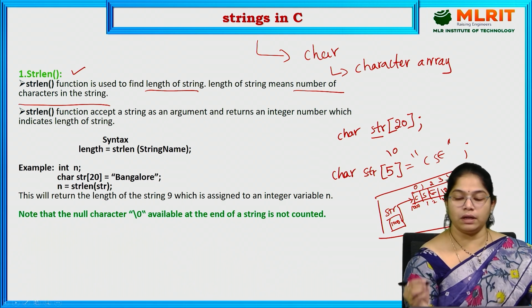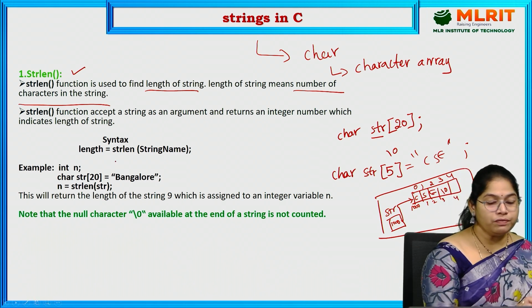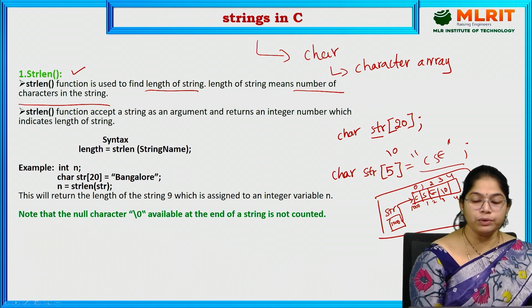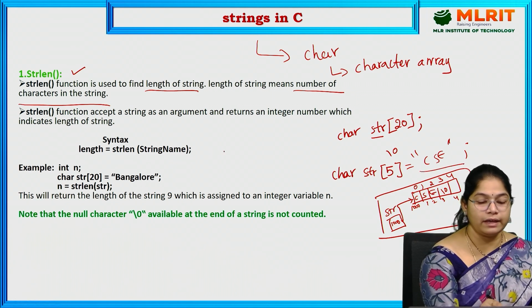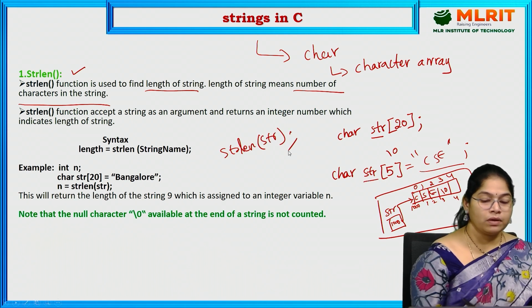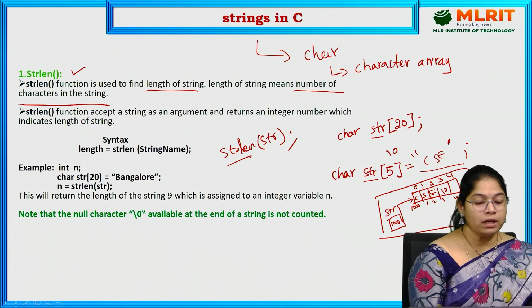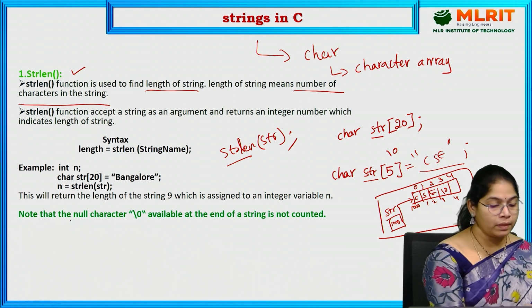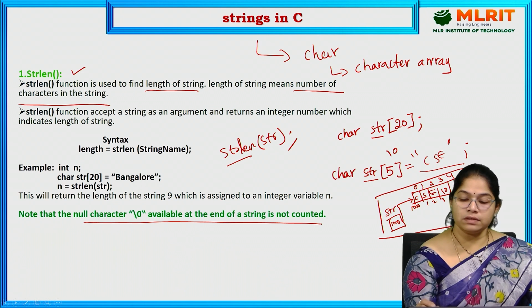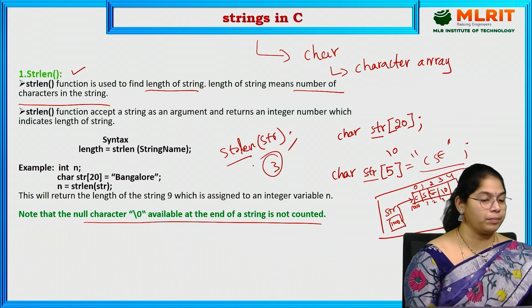If I want to find the length of this string, we have to use a function called strlen, then the string name, here str. This gives the length of the string, and the null character is not counted. So the length of the string is 1, 2, 3, that is 3.